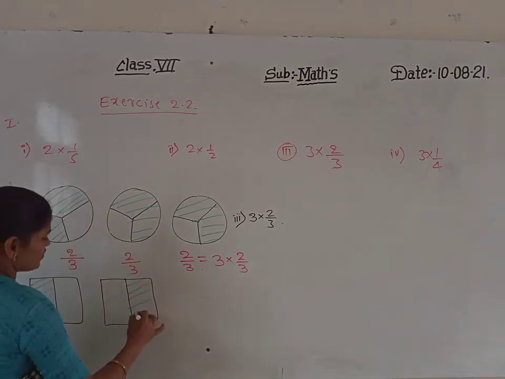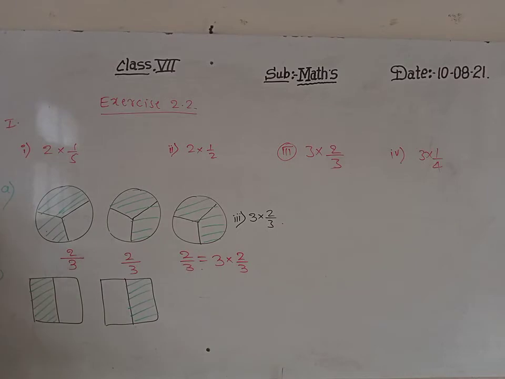What is the fraction for this one? First, total parts of the object you have to take in the denominator. How many are shaded, how many we have considered, we have to take in the numerator. That is, out of two total parts, one part is shaded. So how can we write the fraction for this one? 1 by 2. Then here also 1 by 2. Such a way, 1 by 2, 1 by 2.